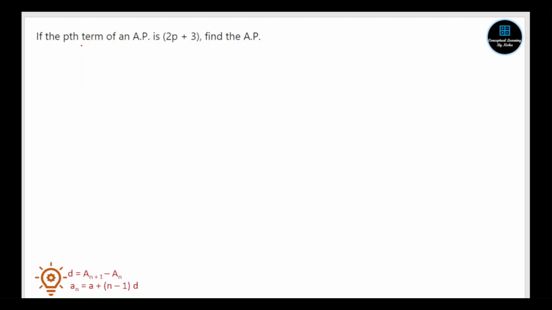Now, if the pth term of the AP is this, then we have to find the AP. So Ap is equal to 2p plus 3. Now, we have to take the value of p as 1, 2, 3 and so on, because we are talking about the first term, second term, third term and so on.